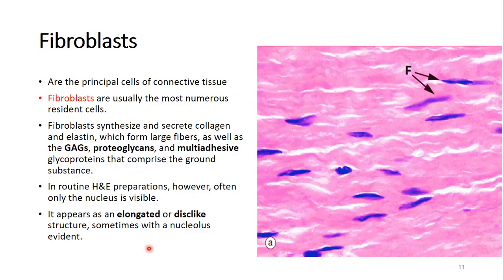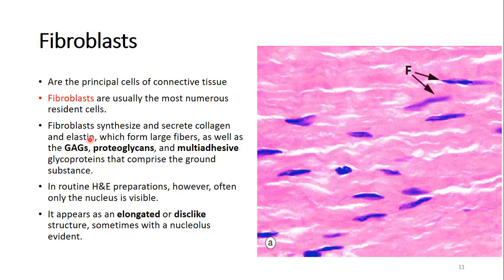So what is the function of fibroblasts here? Fibroblasts are the cells that build connective tissue. So they secrete collagen, they secrete elastin and reticular fibers. On top of that, they produce what we call ground substance. Now, what makes up ground substance? Ground substance is made up of the following molecules.